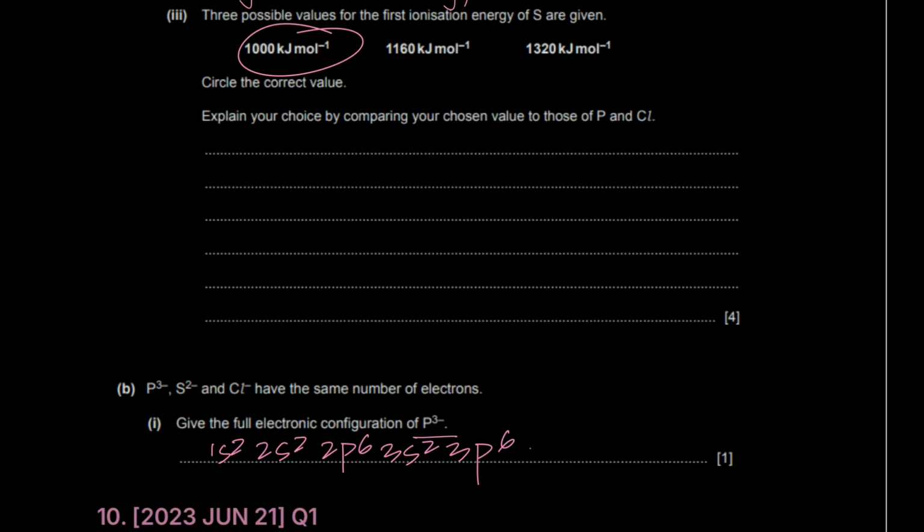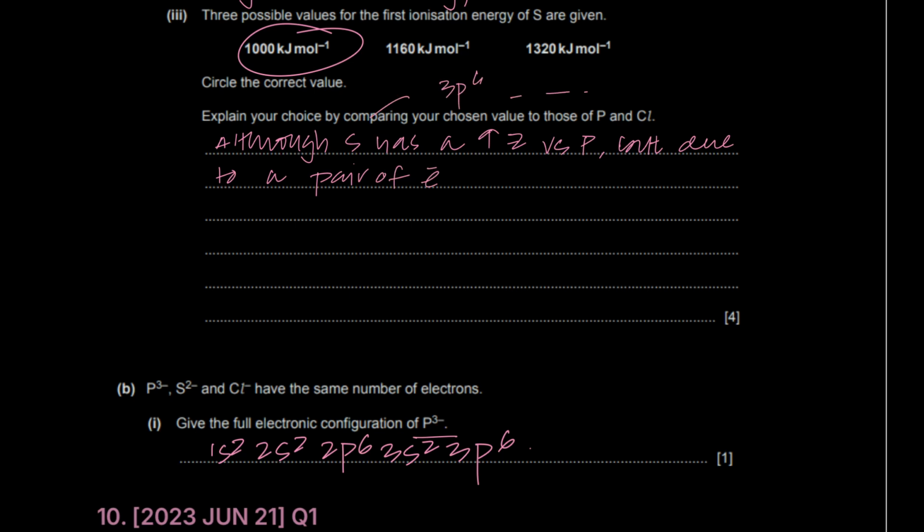Because sulfur, although I'm going to write it in another way, although sulfur has a higher nuclear charge versus phosphorus, due to a pair of electrons, because sulfur is 3p4, right?